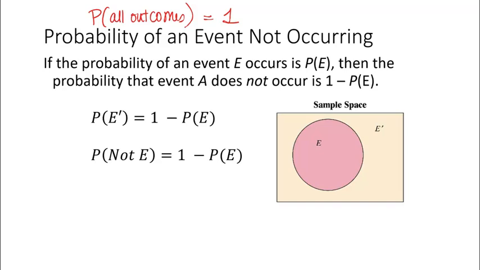Something in that sample space has to happen. So if you ever see this little note right there, it's called the complement. The complement of your event, aka the probability that it does not happen, is 1 minus the probability that it does.